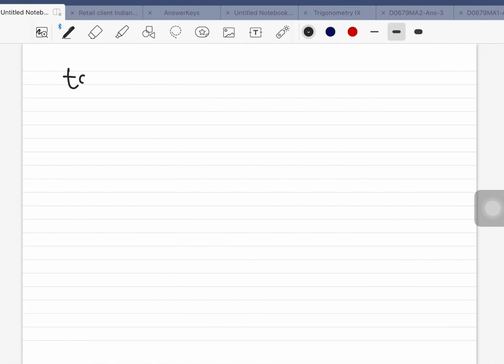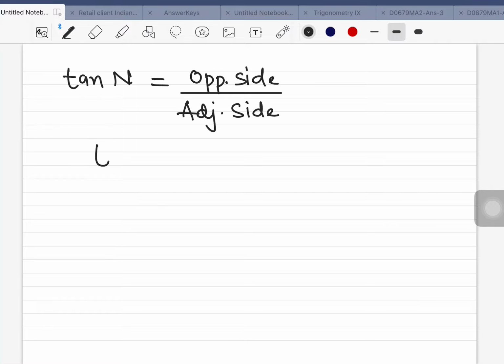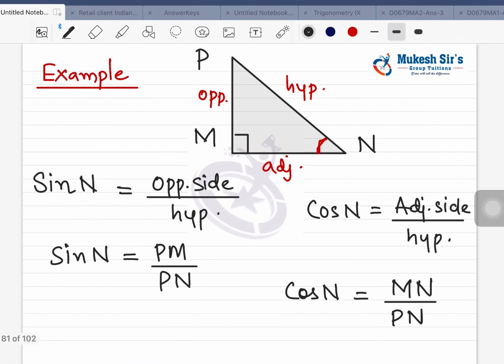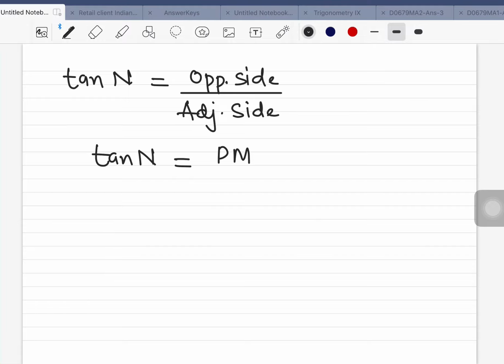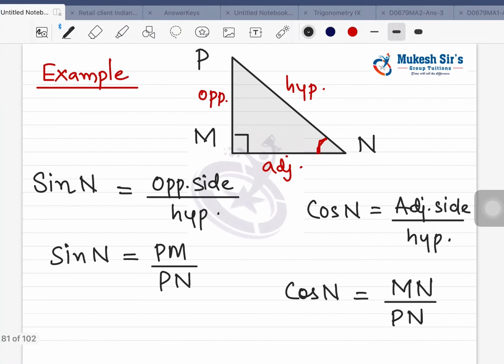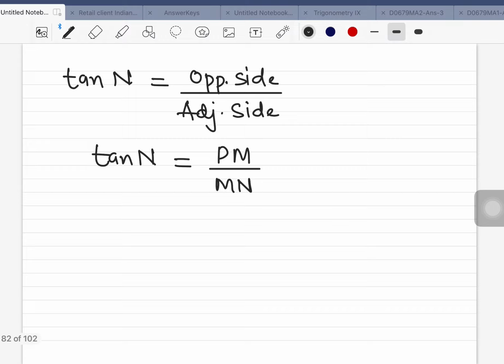And finally, you want tan N. Tan of any angle is equal to opposite side upon adjacent side. So tan N will be equal to PM upon MN. Is that clear? So these are the answers for the sine, cos, and tan values of angle N.